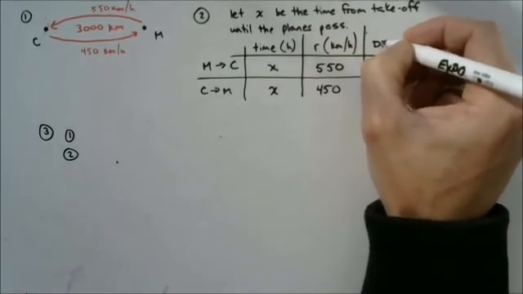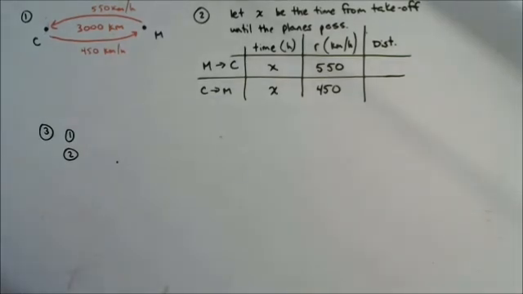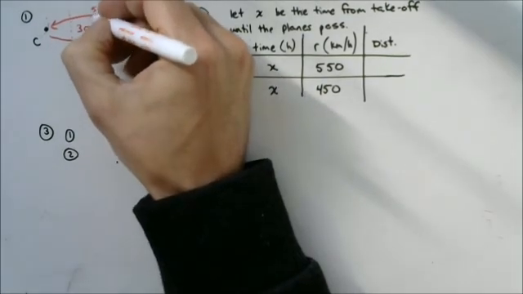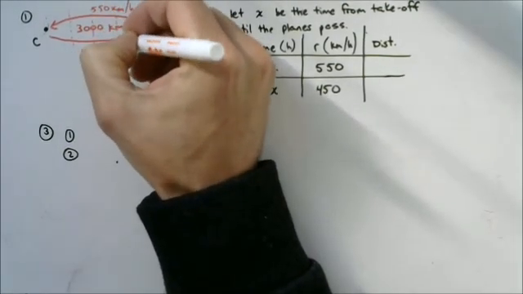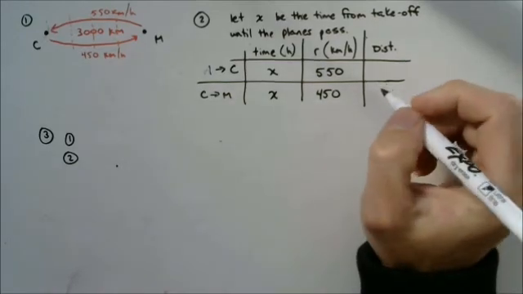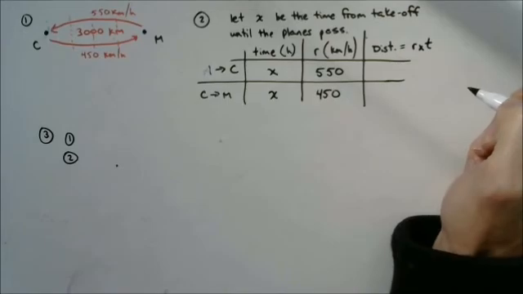Now, distance. We don't know how far each of these planes is going to be traveling. They might meet here, they might meet here, they might meet here, somewhere on their journey at some distance from Calgary and from Montreal. They're going to meet, but we don't know specifically what it is, but we do know that d equals r times t.